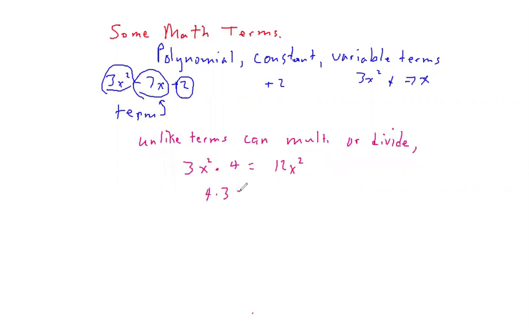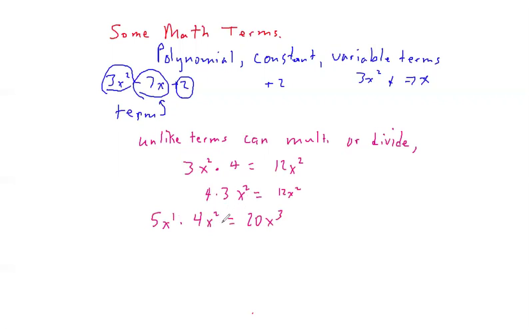You could just think about it as 3 times 4. 3x squared times 4 is 12x squared, so 4 times 3x squared is 12x squared. And I could even do other things like 5x times 4x squared, which would be 20x cubed.